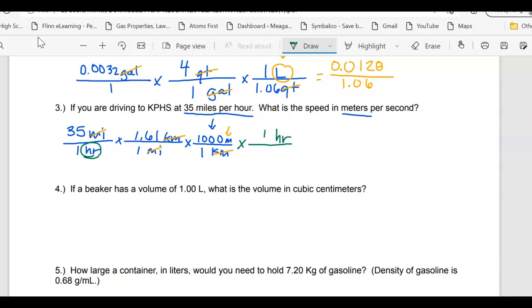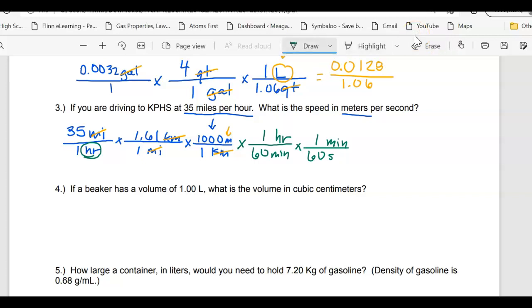And so I know that 1 hour is equal to 60 minutes. And then if I put minute up here, I know that 1 minute is equal to 60 seconds. Nope, I don't want to do that. It's just S. Sorry about that.